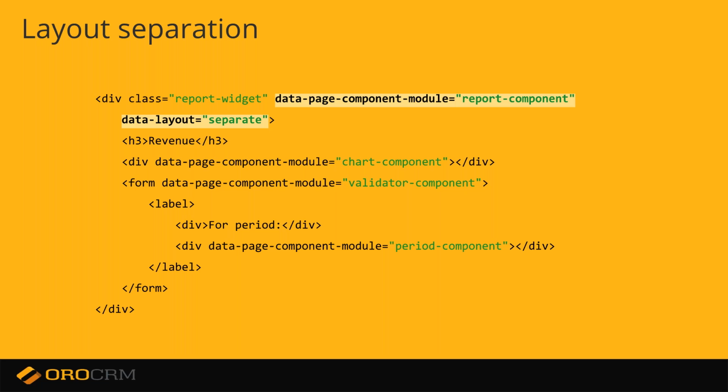First, the page component will initialize its layout, but not go inside the HTML marked as a separate layout. The report component will be created and will initialize a report view. The report view should call init layout for its own layout element, and it will initialize the rest of the components for the inner layout.